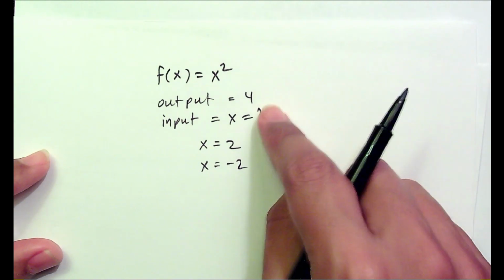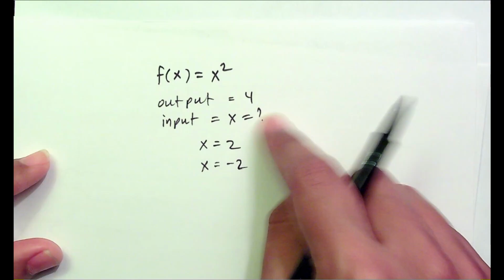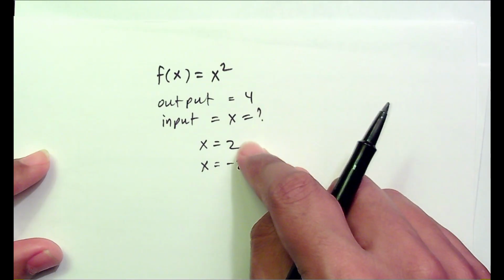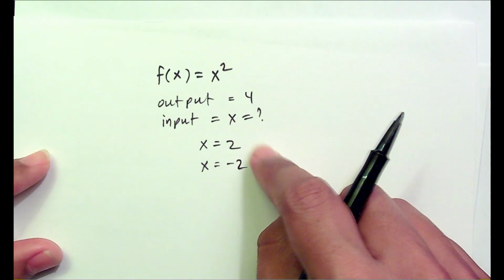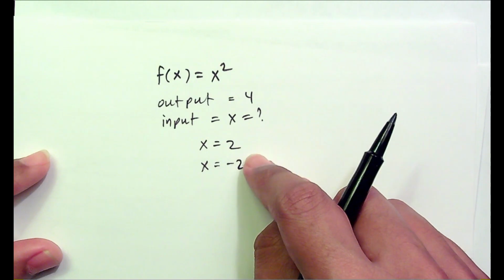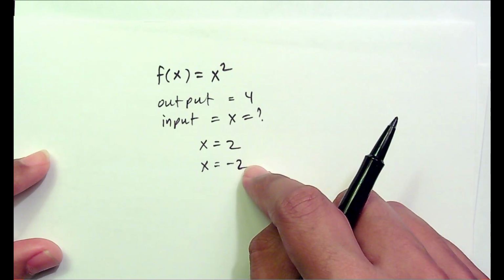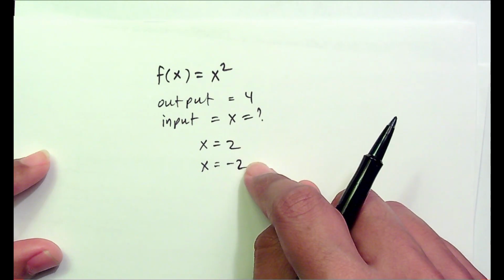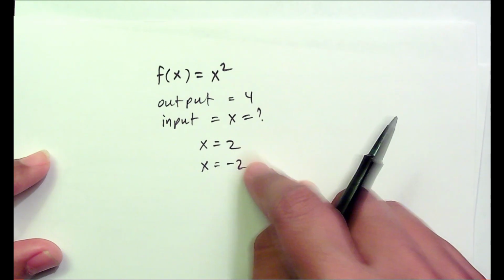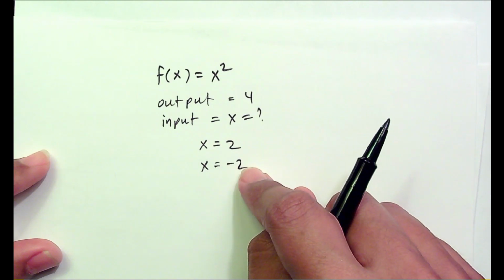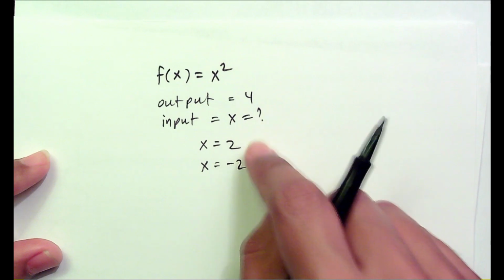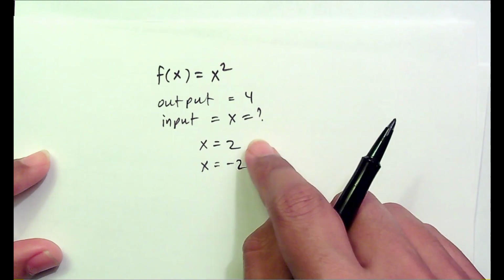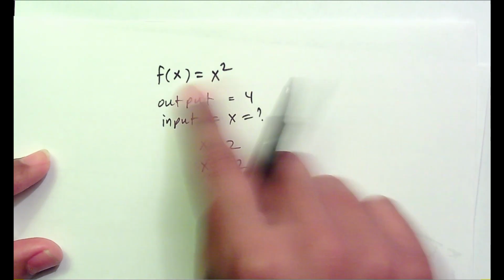So there's no way for anybody to tell me, if I'm thinking of a particular input, one of these two, without any doubt whether I was thinking of this one or the other one. I could have been thinking of either one. So there's no way to figure out what was the original input if all I know is the output. So this is not injective.